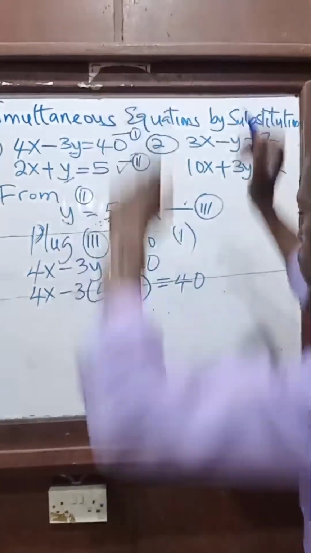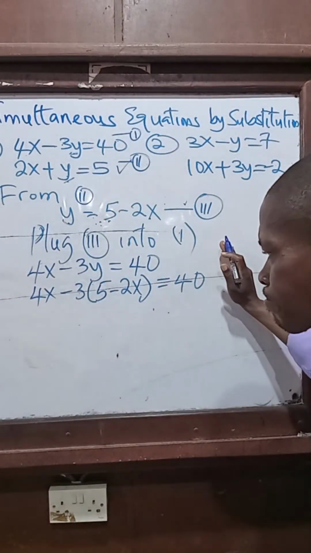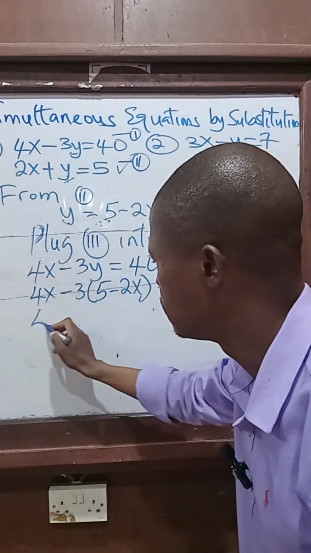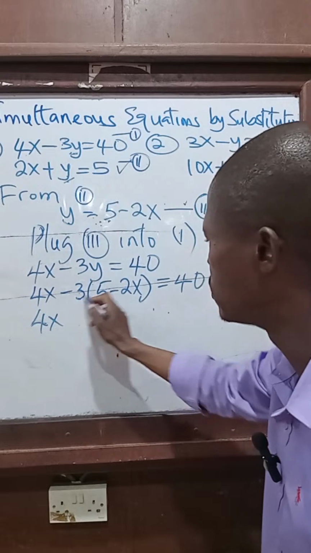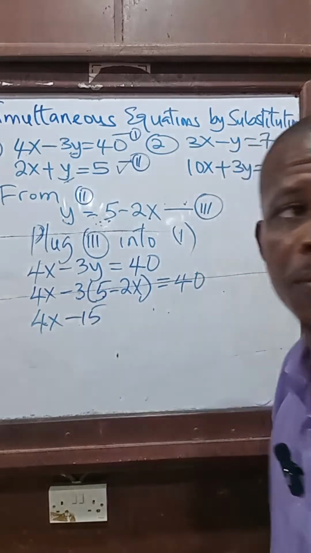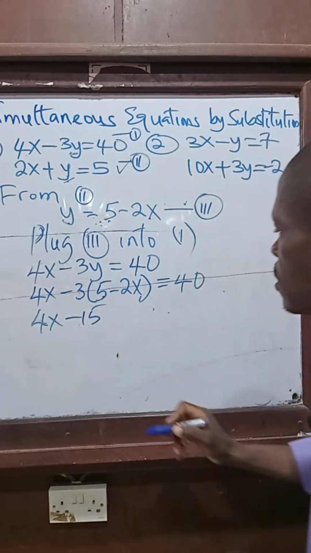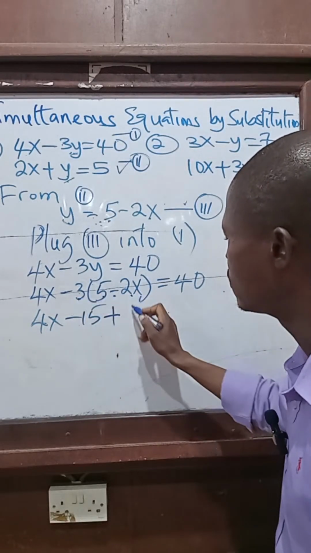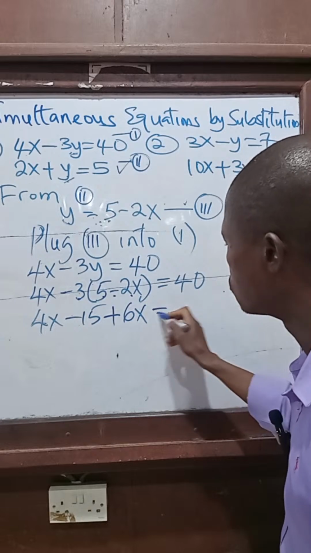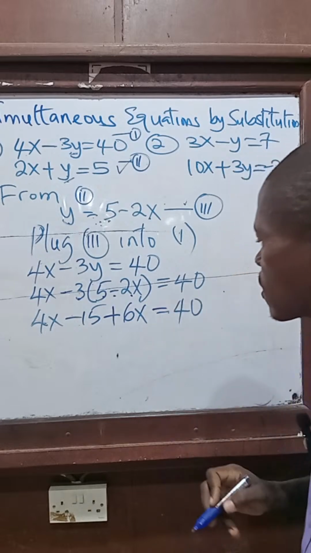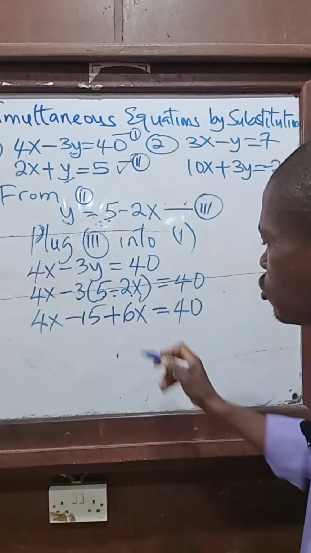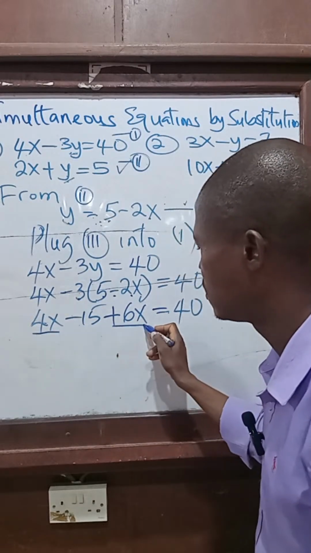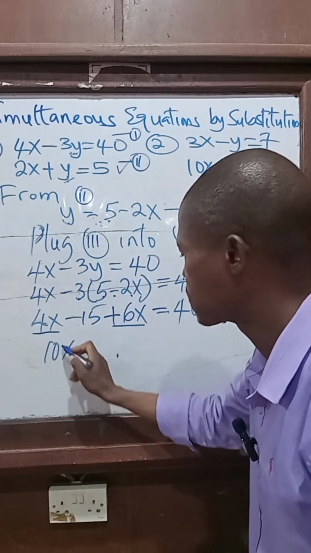Okay, this is what we have now. Then begin to expand. This one times this one, minus 15. Minus times minus, that's a plus. 3 times 2x, that's a 6x, equal to 40. Then this is a 4x, this is a 6x, that's making 10x.